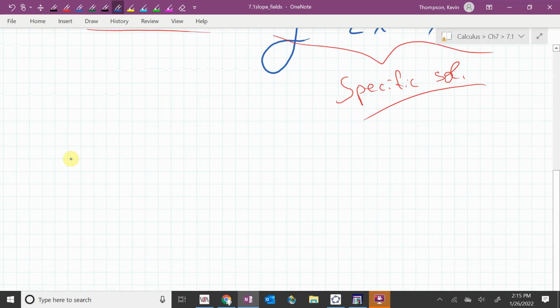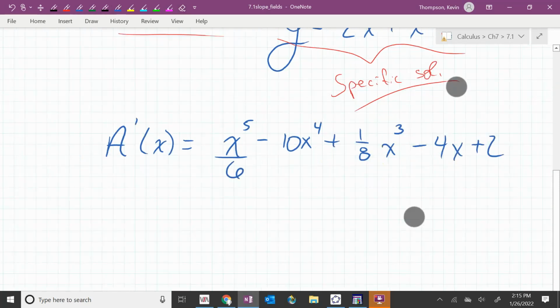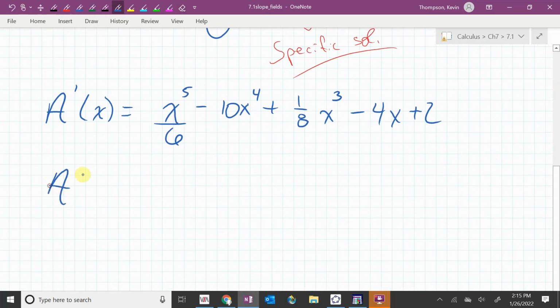So if I would say a prime of x equals this, and then I say this, find the specific solution.